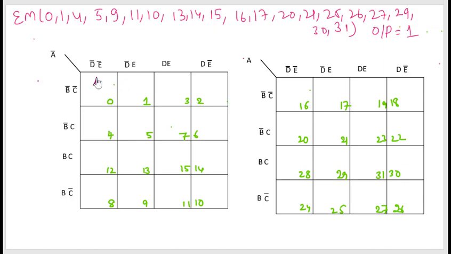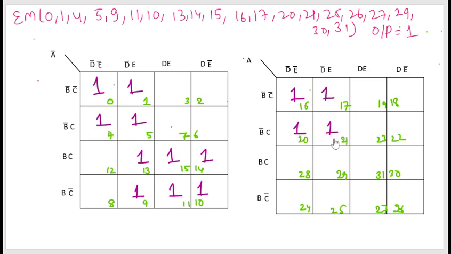So 0, 1, 4, 5, then 9, 10, 11, 13, 14, 15, then 16, 17, 20, 21, then 25, 26, 27, 29, 30 and 31, and rest all are zeros.